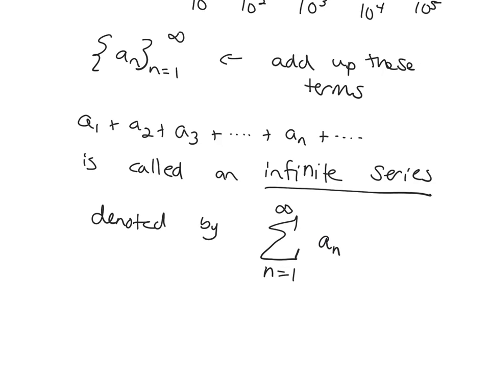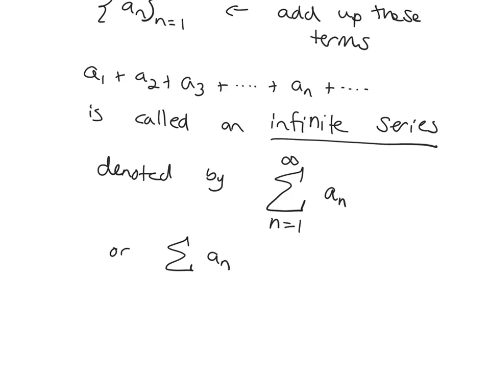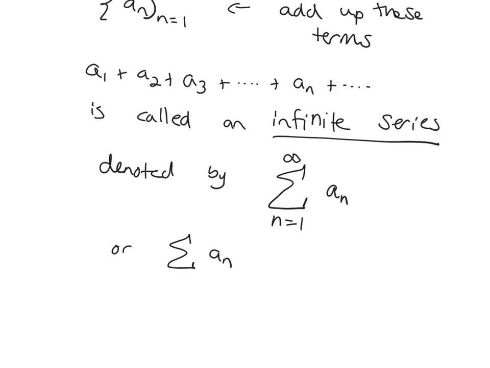And sometimes if it's understood what the bounds are, it'll just say sum a sub n without the n equals 1 to infinity part. So, okay, I know what a series is now. I take a sequence and I add up all the numbers in the sequence.